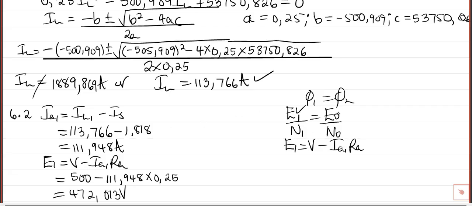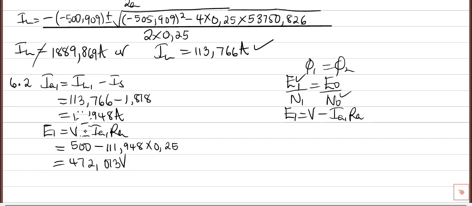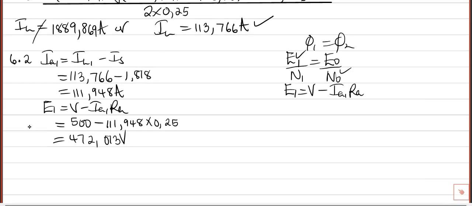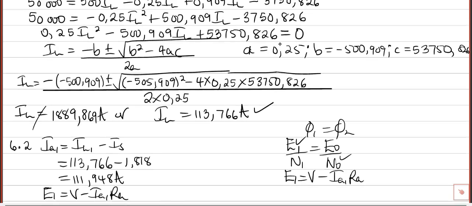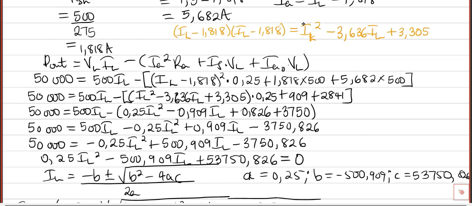We are looking for N1, so we need to find EO. The information we have so far is at full load, so we're going to the no load information. For no load, you only want to find EO. Fortunately, you found your armature current at no load, so you just substitute. It is 500 minus IAO times RA.